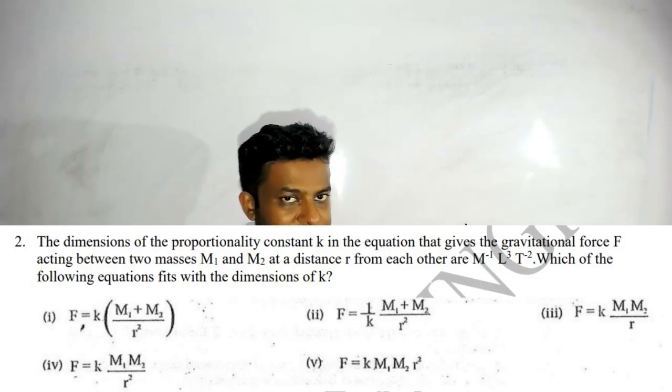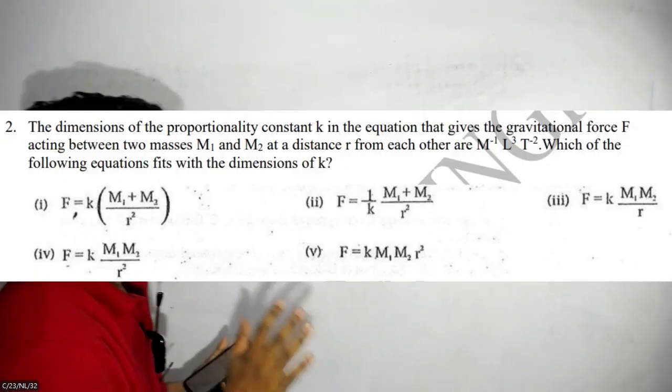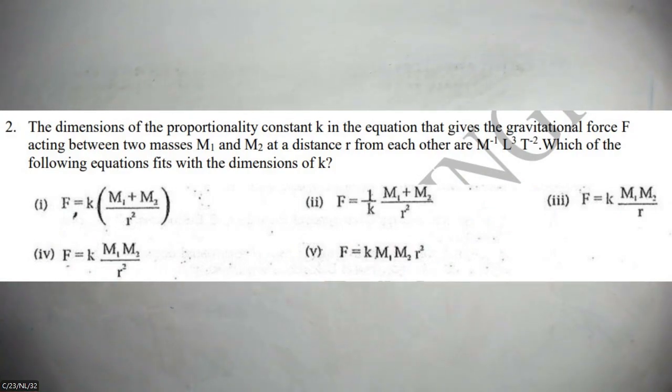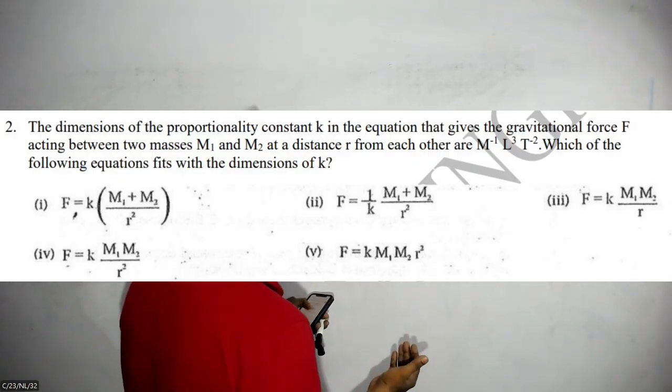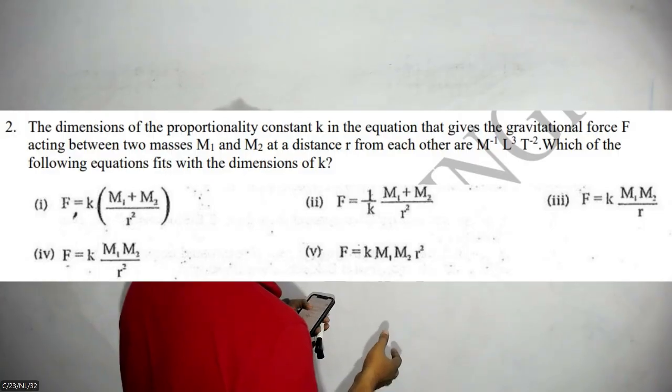Budhe, let's see the answers. In four answers out of the 5 answers given, you can observe that K is present at the numerator, right? Look at the answers: first one, third one, fourth one and fifth one.